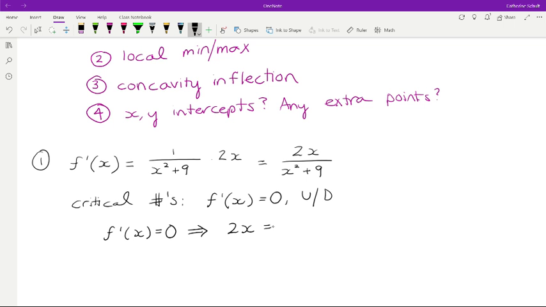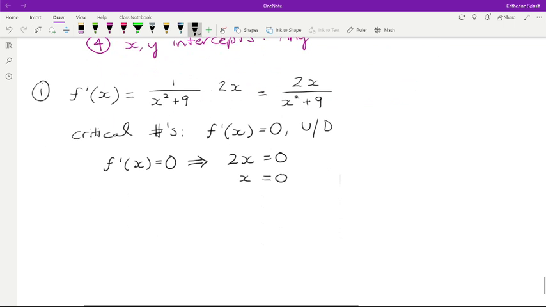That's going to give us one critical number, and that critical number is 0.